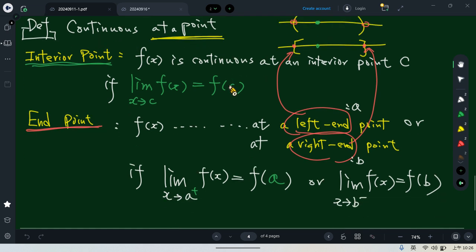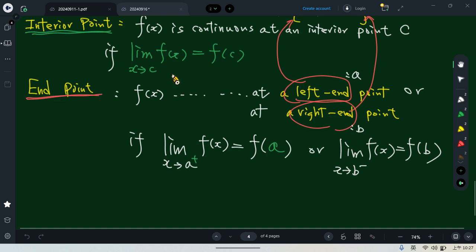Lastly, I also pointed out the definition of continuity for an interior point. That means if the point is inside some interval, and we want to define f of x as continuous at some certain interior point c, then we need to check if its two-sided limit exists, and also if the function is defined at x equals c.